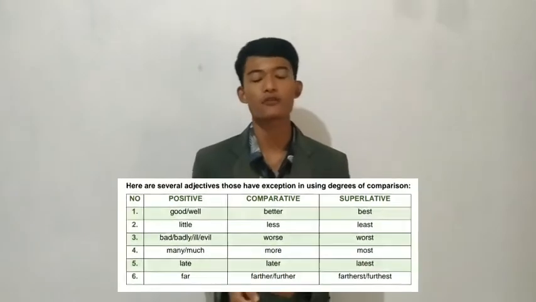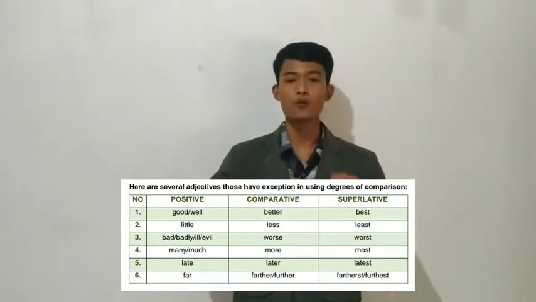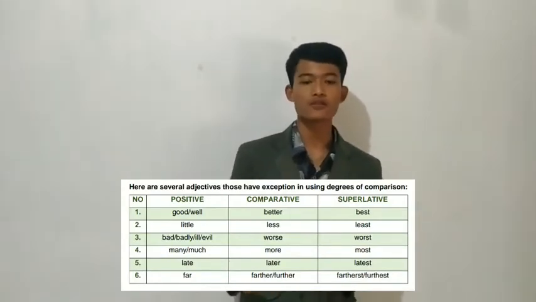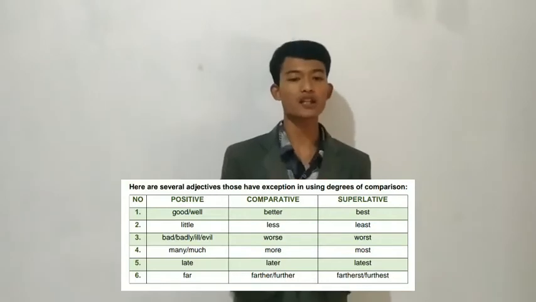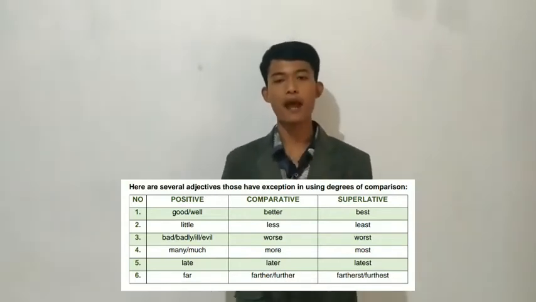But there are some exceptions in degrees of comparison. Not all adjectives can be done with those formulas. Here are some exceptions. Okay, first line, good and well. The comparative is better, the next is best.